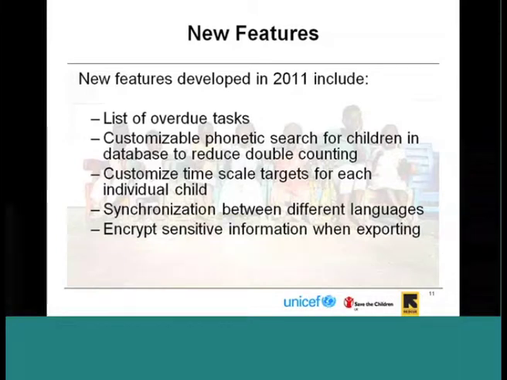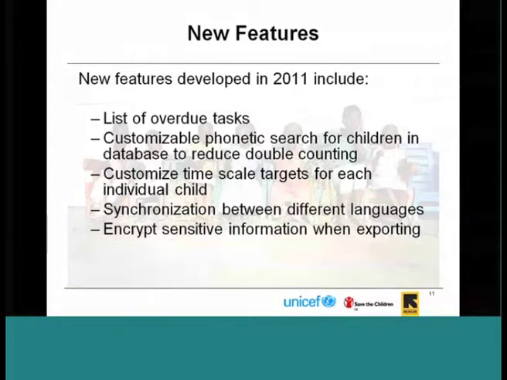We've added a new feature which allows for a customizable phonetic search of children's names on the database. There are two ways of using this. You can search for children within the database against a list of names which a country has themselves customized according to the different spellings that may be used in a country, but which all ultimately are the same name.